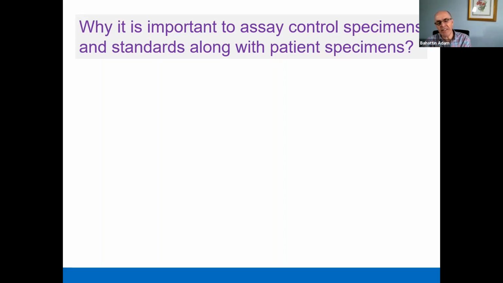Okay, why is it important to assay control specimens or standards with patient specimens? By assaying control specimens and standards, you ensure that you are measuring the patient specimen correctly.